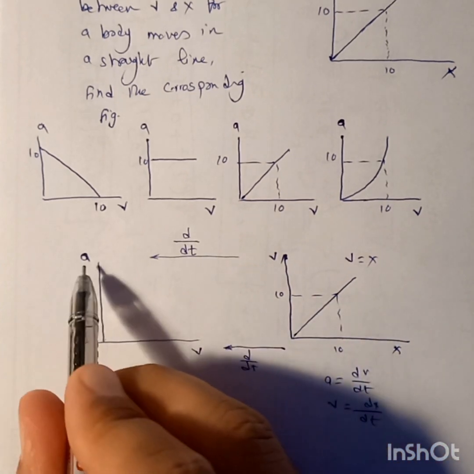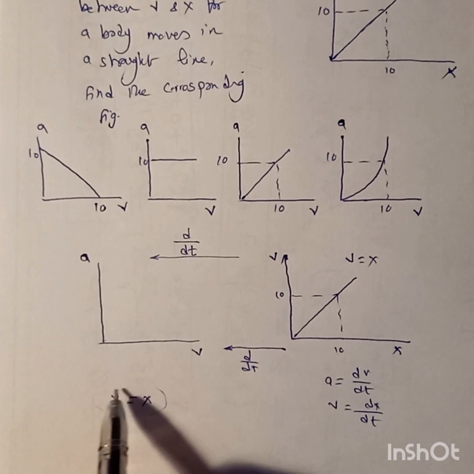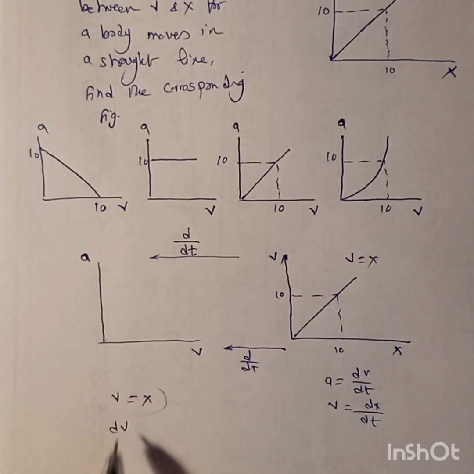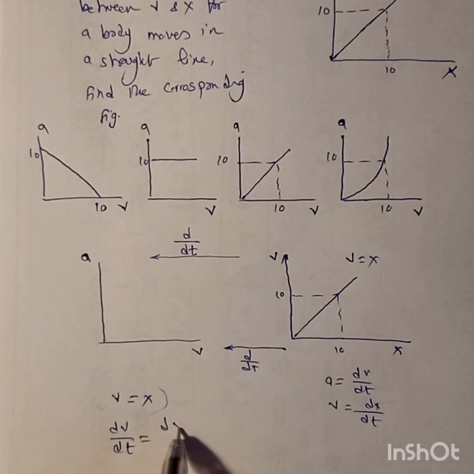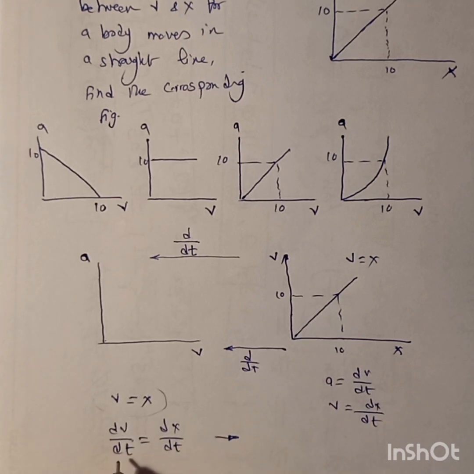To find the relation between a and v, we have to differentiate with respect to time for both sides. Then we have dv/dt, and this is equal to dx/dt. From here we can conclude that dv/dt equals acceleration and dx/dt equals velocity.